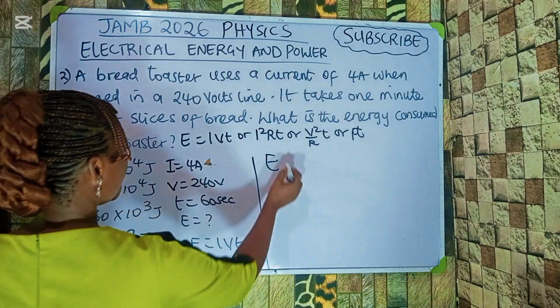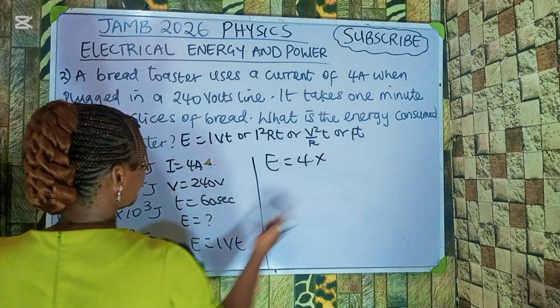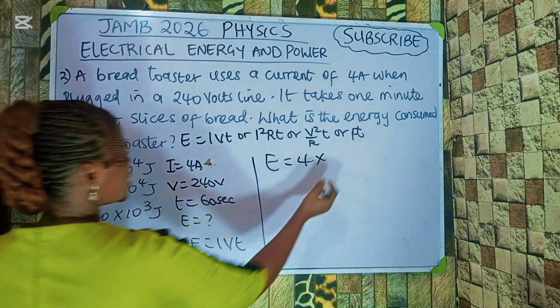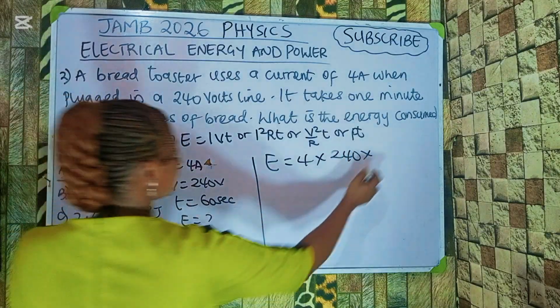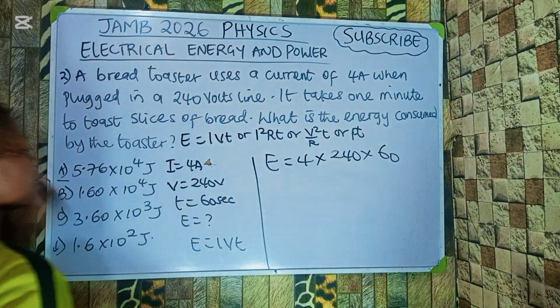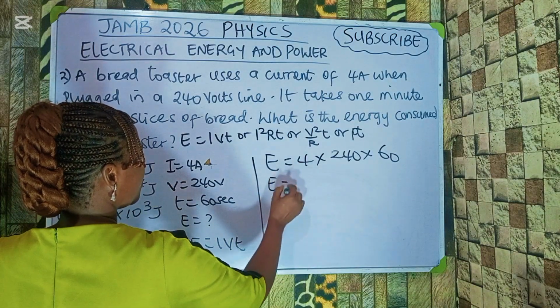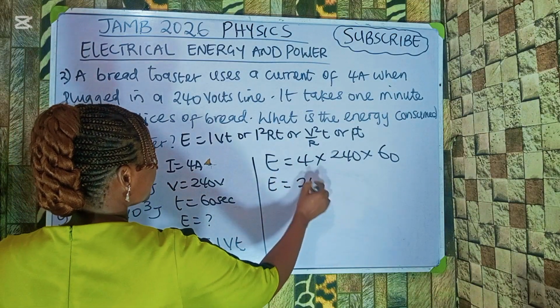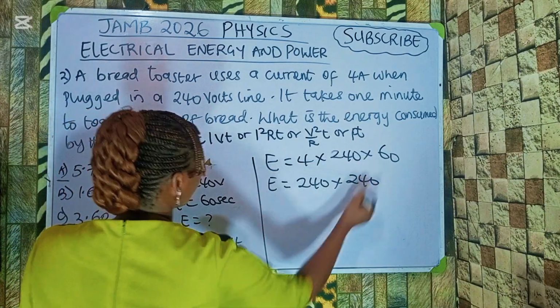So it's equal to, what's my current? My current is 4. I will say 4 multiplied by my potential difference, 240, multiplied by my time, 60. Okay, so let us work it out. So what do I mean? I have E is equal to, multiplying, 240 multiplied by 4 times 6 is going to also give us 240.